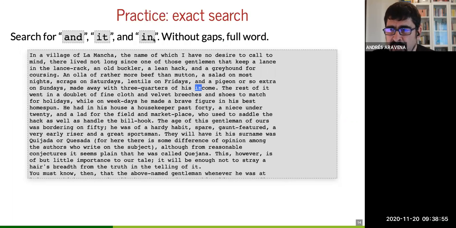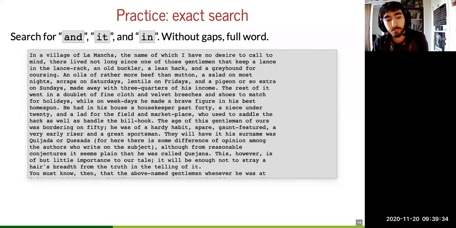This is the most simple problem that you have. Perfect match, exact match is the easy one. If you want to do it with gaps, then it becomes more and more complicated. So I am giving you the easy exercise. Even the easy one is still complicated because you have to go word by word: take the first, this is in, this is not. You have to go one by one and compare the first, the second, the third. Okay? Fine?